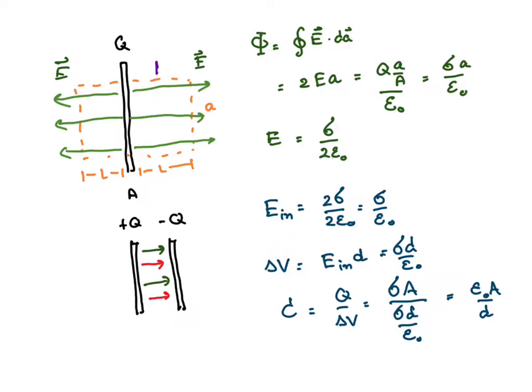We have the area vector like this. So E dot dA on this side and this side will be 0. So we already have the flux passing through these two ends only.